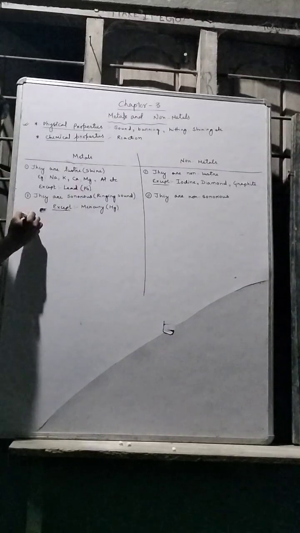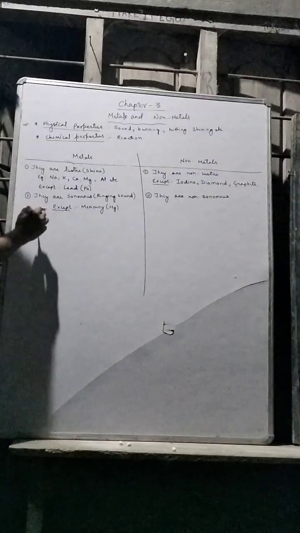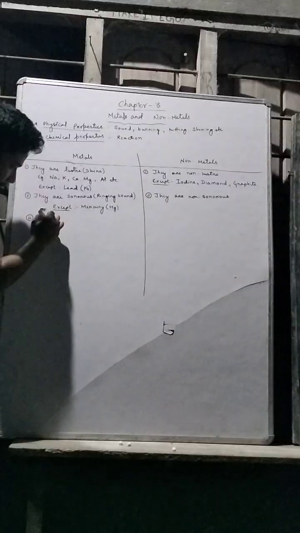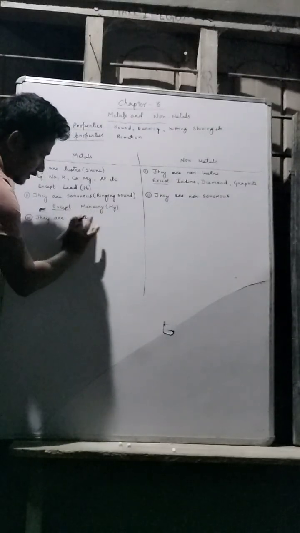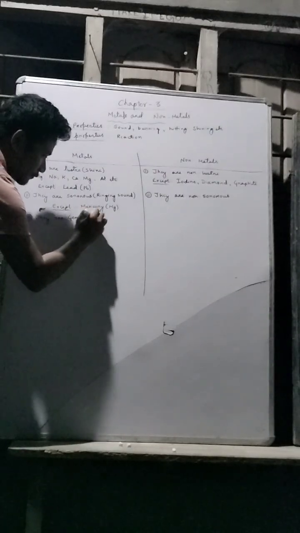Now, third, we will look at the physical state, whether the metals are solid, liquid, or gas. So metals are generally solid. All the metals, all are what? Solid.